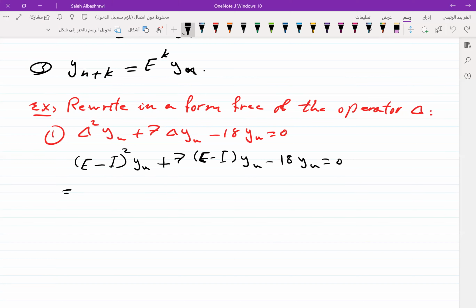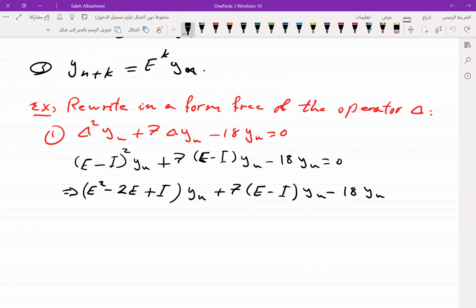This will give me E square minus 2E plus I, using the special product (x minus y) squared, times y sub n, plus 7 multiplied by (E minus I), minus 18, y sub n equal to 0.